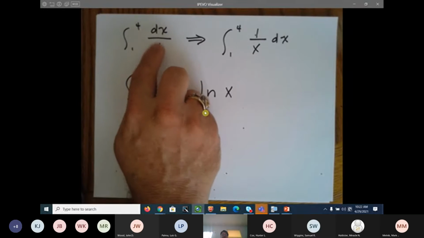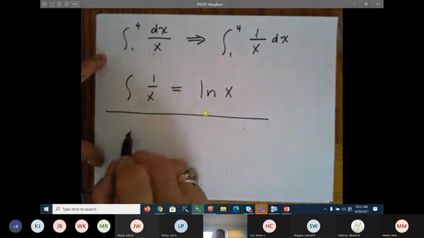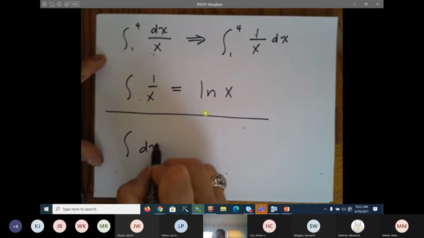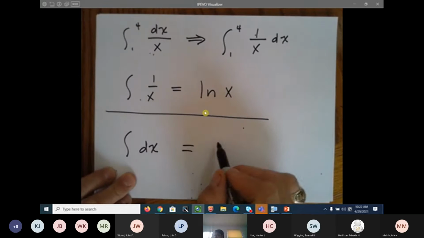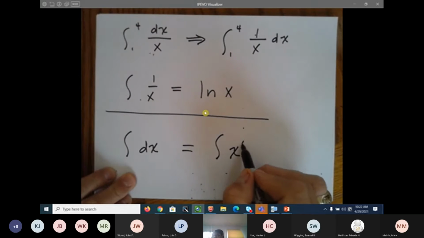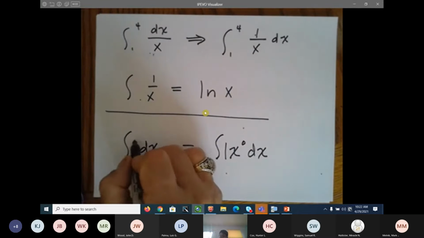That's why I tell students to do this. When you see antiderivative of dx, that's going to throw you off. You rewrite that as antiderivative of x to the 0 dx, because that 1 is sitting there.